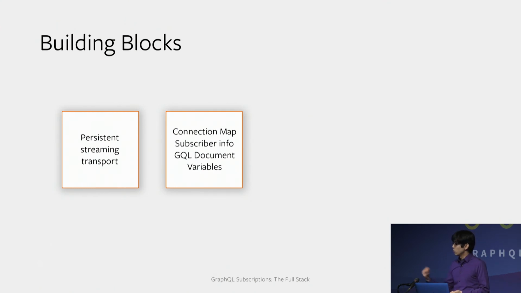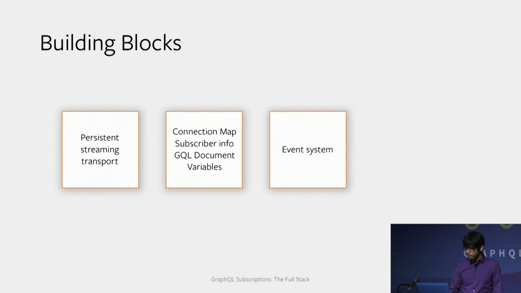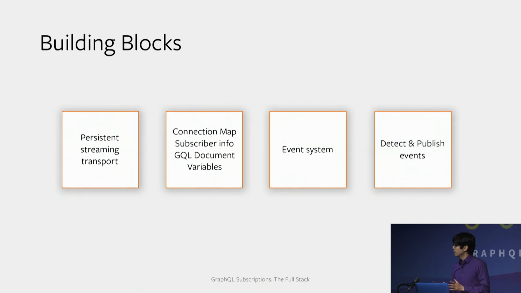So who's connected to what gateway, and how do I send messages back to that subscribed client? And I also have to keep track of the subscriber info. When somebody subscribes, who are they? What document did they subscribe to? And what were the variables that were included? We need an event system, or some way to construct the source stream. And lastly, we need to be able to detect and publish these events. As we saw from that event system example, if nothing published, there's no way that our alarm service would have worked. So at the moment that the state changes in a way that we've identified it as a domain-specific event, we have to publish that fact.